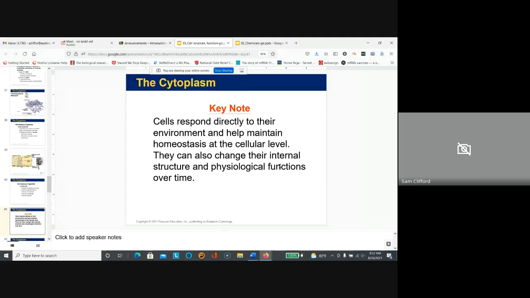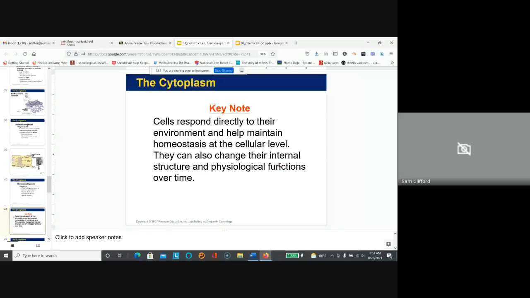Cells control what comes in and out of the cell. That is the process of letting certain things in, keeping certain things out, secreting certain substances, all with the goal of releasing enzymes to digest food, to release enzymes that help nerve function, muscle function, brain function.